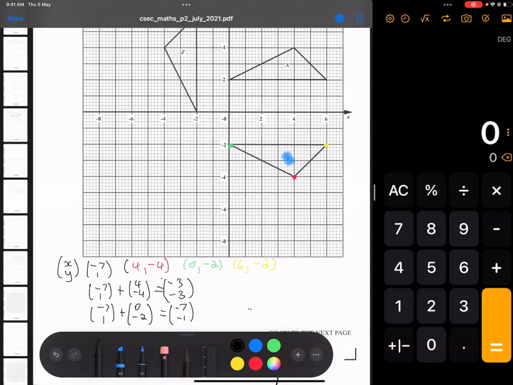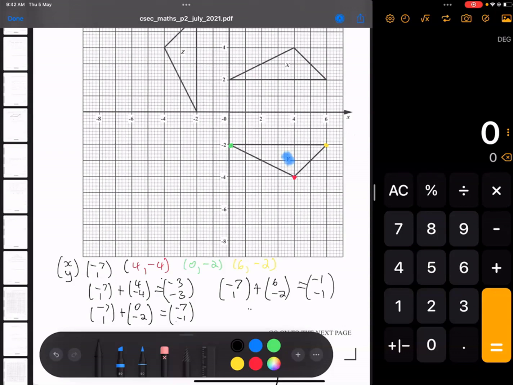Then our last one, the yellow: -7 plus 6 gives us -1, and 1 plus -2 gives us -1.